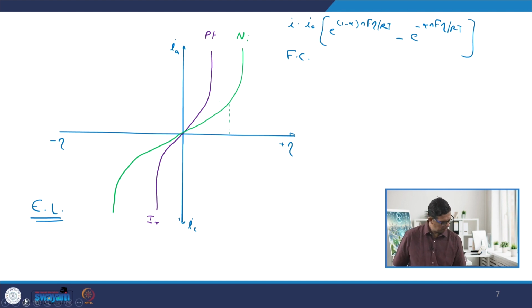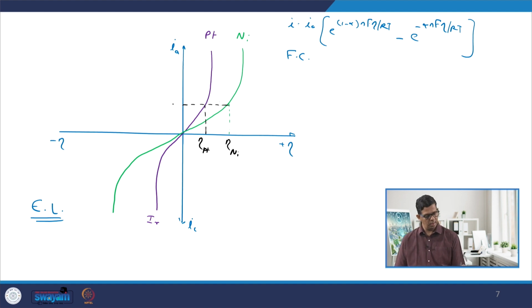So this is the current that, let us say, I am drawing. This will be the overpotential invested if I am using platinum as an electrocatalyst, and this will be the overpotential used if I am using nickel as a catalyst.